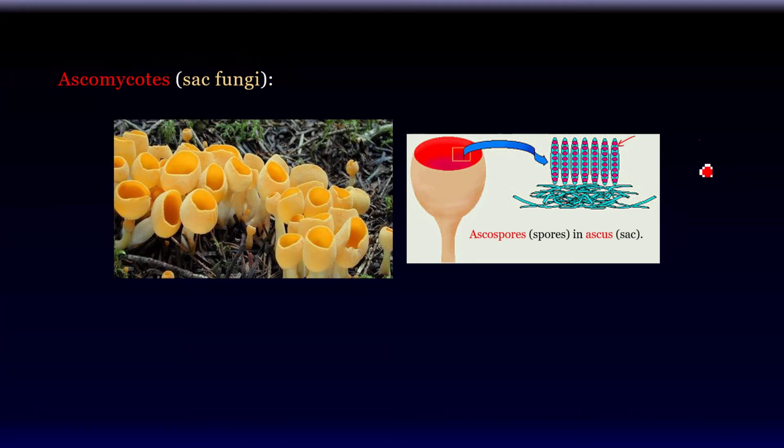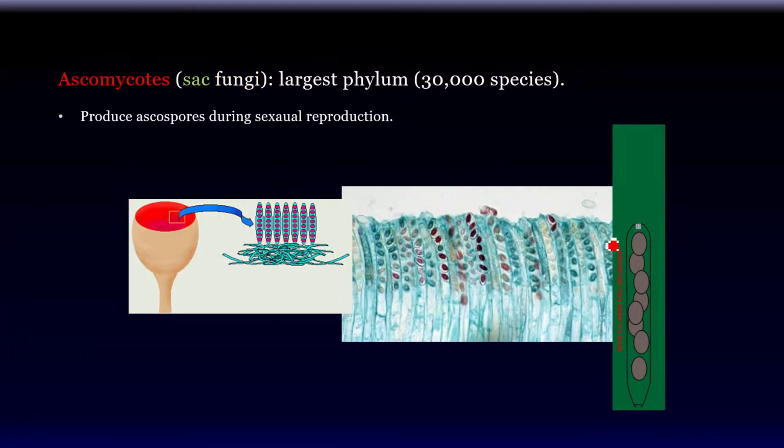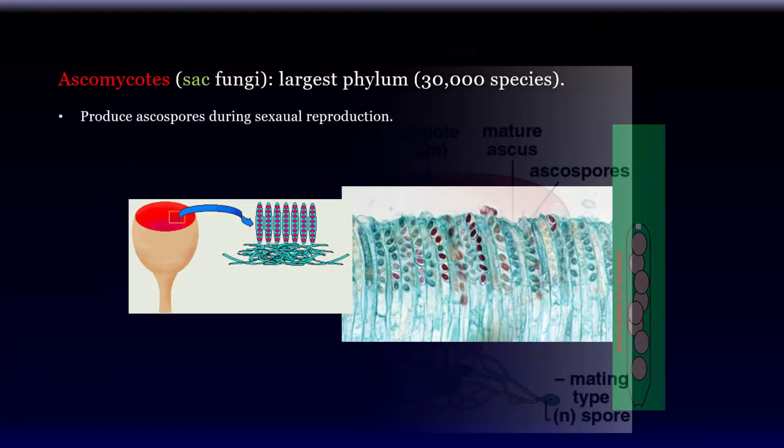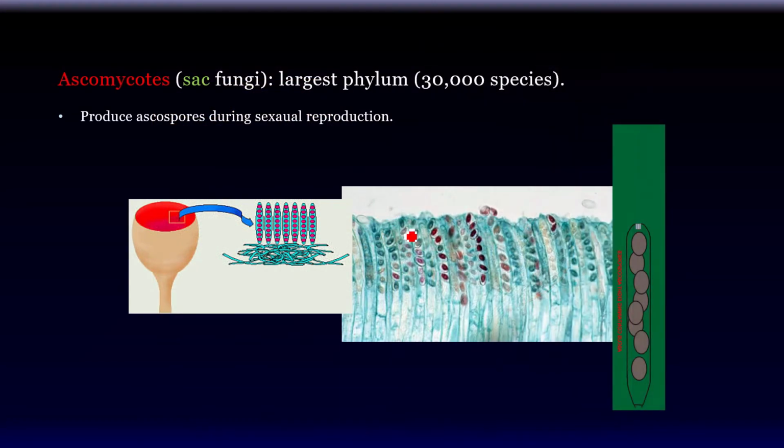That's the sac we are referring to. It's like a sac with a few pebbles in it. Compared to the conidiophore, this one only produces eight spores: 1, 2, 3, 4, 5, 6, 7, 8. So eight spores in each sac. Ascospores are produced in these sacs, and as I said, this is a result of sexual reproduction.